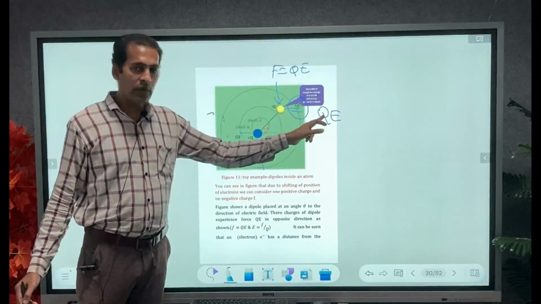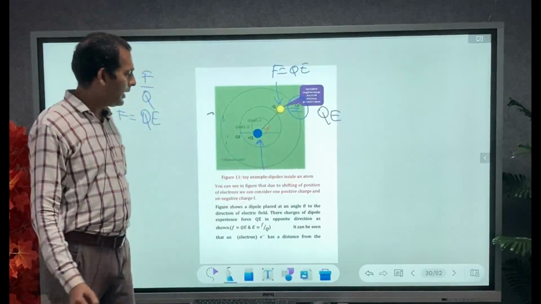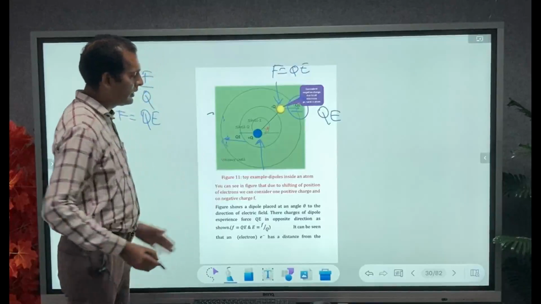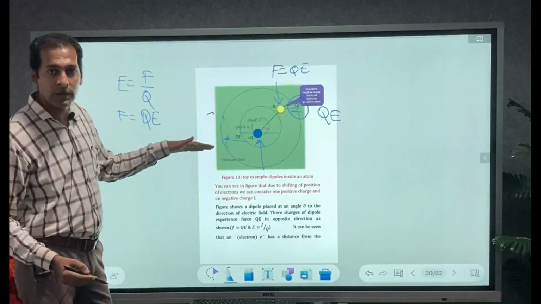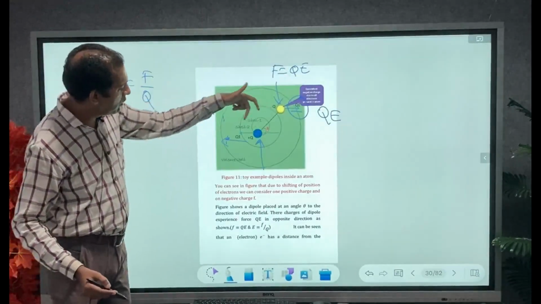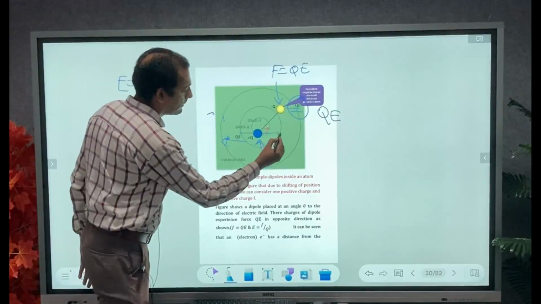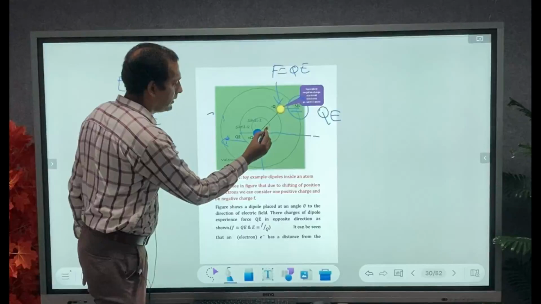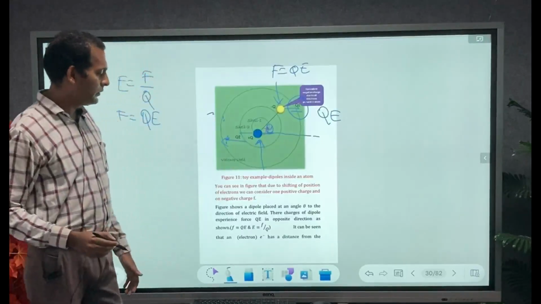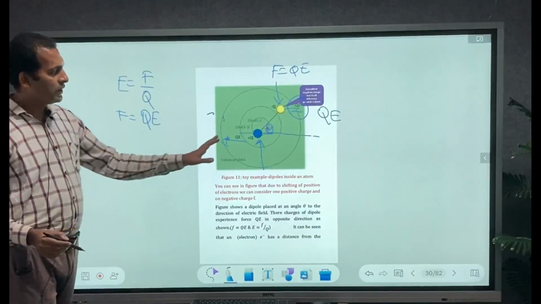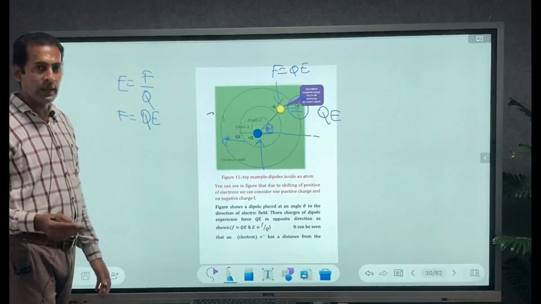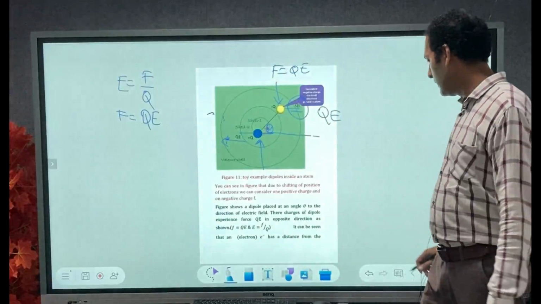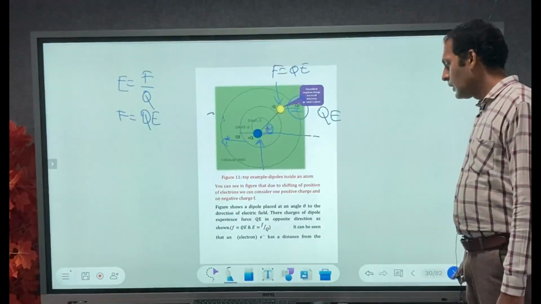This force goes towards the right side, and there is some force on the positive nucleus, the same QE, which shifts it towards the other side. So these are the two poles. If we compare it with the horizontal plane, say there is some angle theta between them. This is how we get a dipole inside an atom of a dielectric medium.